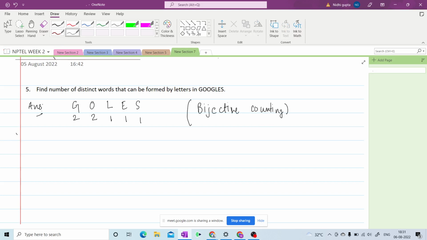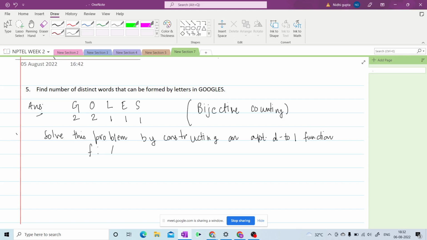So basically, we want to solve this problem by constructing an appropriate d-to-1 function. I hope everyone knows what a d-to-1 function is.